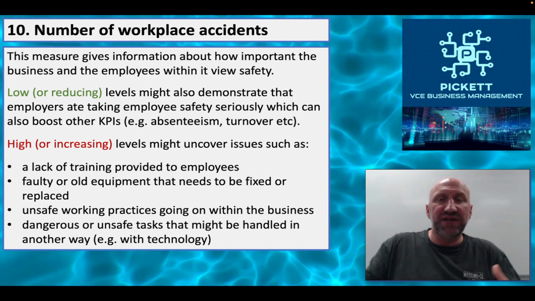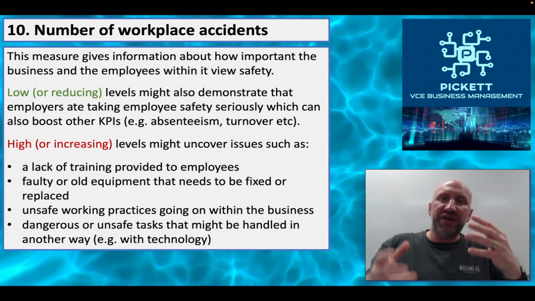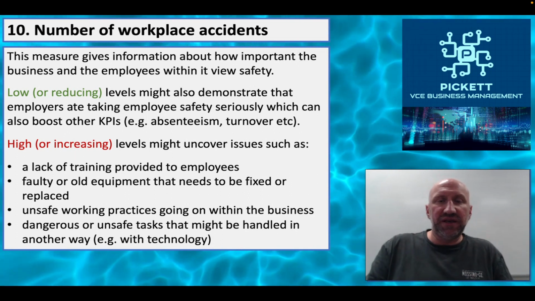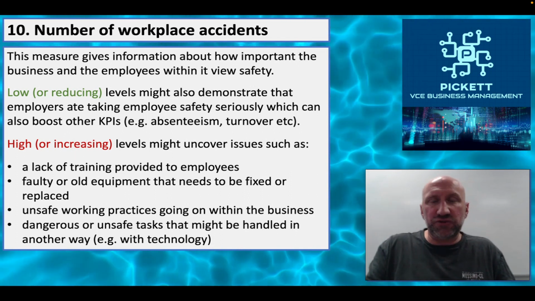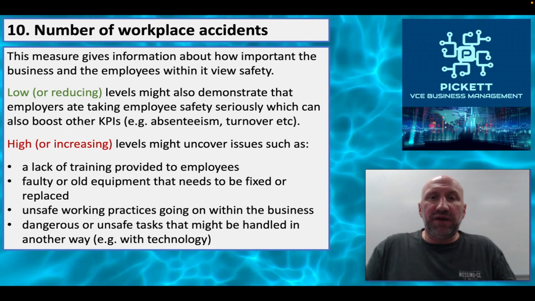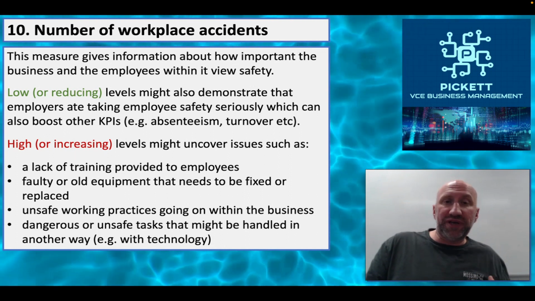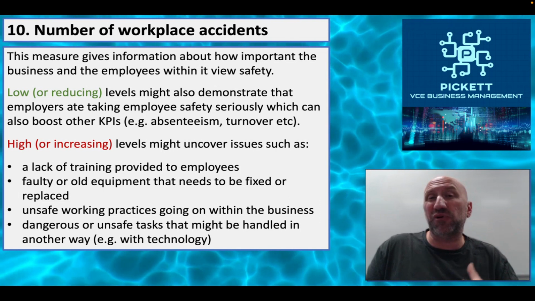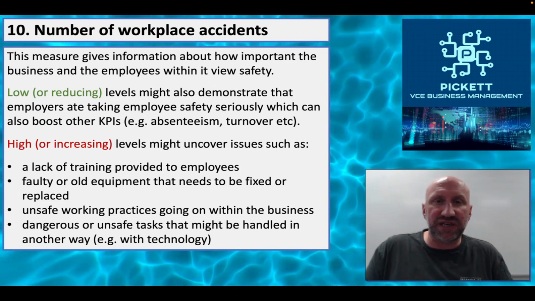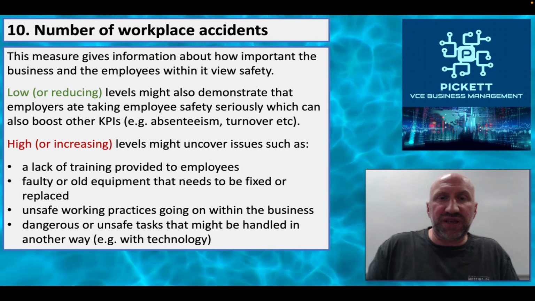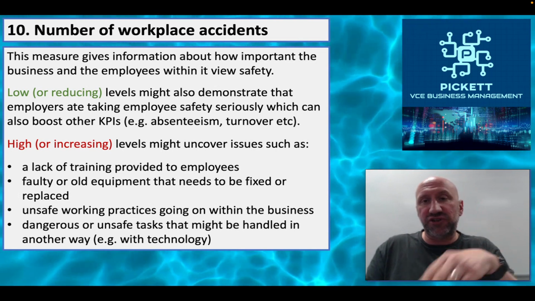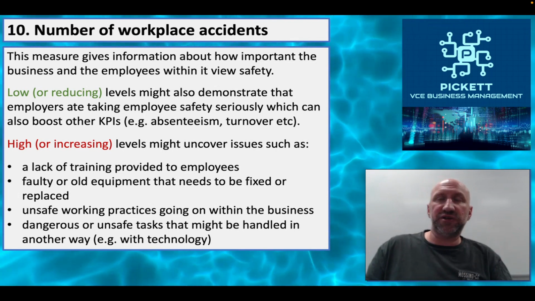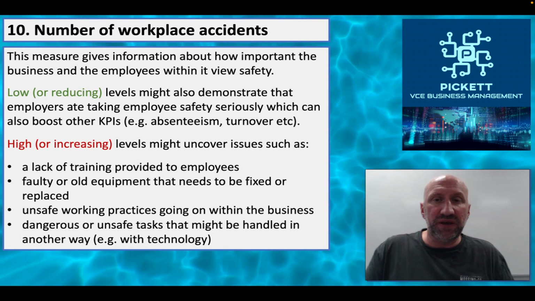Have we got stuff in place to minimize the risk of injury or incident? Okay, so a low level of this or a reducing level of this might demonstrate that employers are taking employee safety seriously. And that can also then boost other KPIs. Okay, absenteeism can reduce. Turnover is going to reduce because people feel they're being looked after.